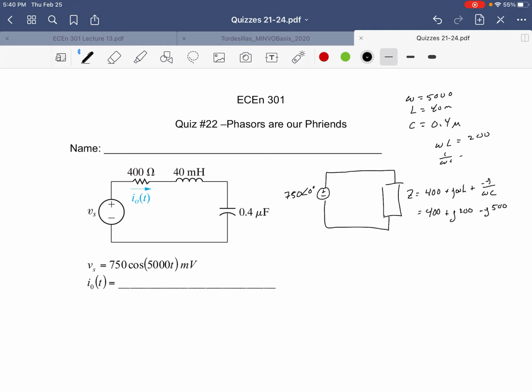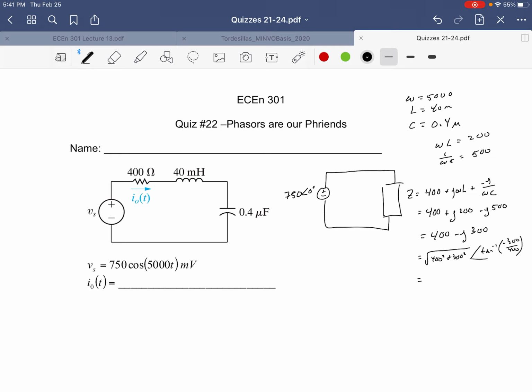So 1 over omega C is 500. So then this is going to be 400 minus J300. And I could convert that into polar form by taking the square root of 400 squared plus 300 squared. And then the phase is going to be tan inverse of minus 300 over 400.